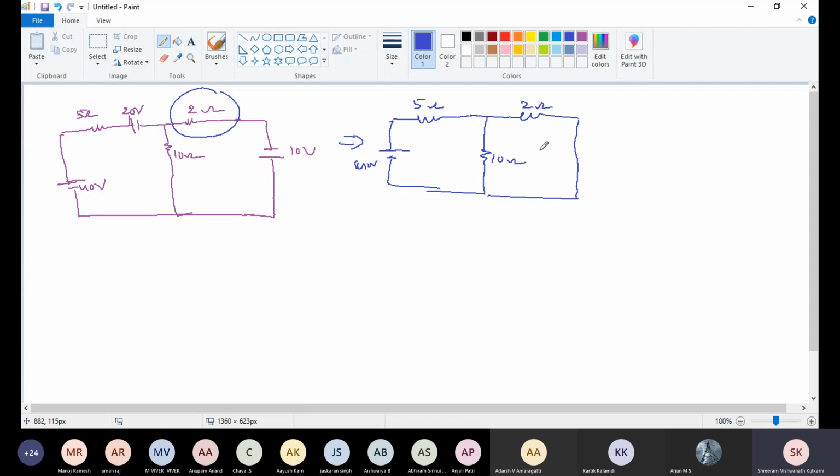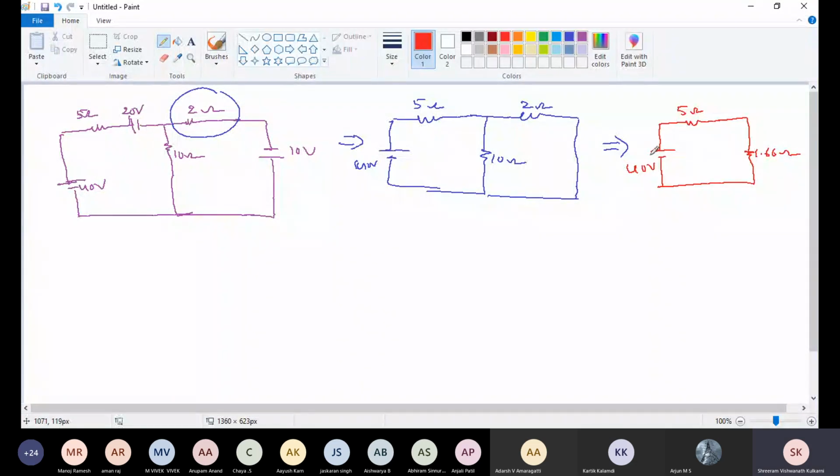Now tell me, are this 2 and 10 in series or parallel? Parallel. 2 is in parallel with 10. How much? Yes, 1.66 ohm.